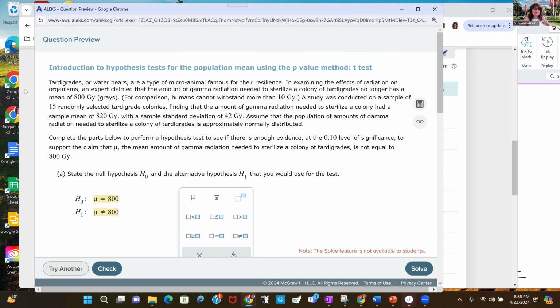And so let's write down some of the info here. So we have mu is 800. A study was done on a sample of 15. That's a small sample size. And the sample mean was 820.